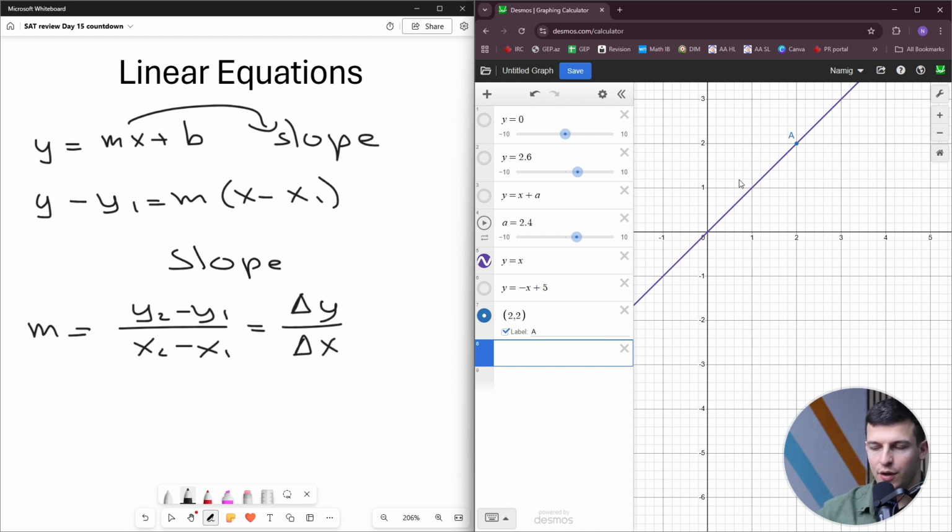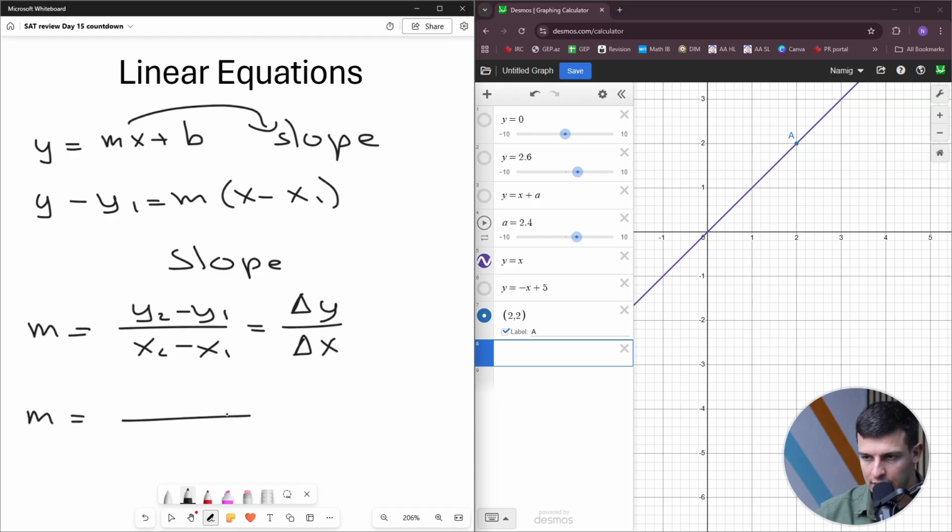I know it's 1 because we see that y is equal to x, right? But let's actually confirm that. Now, I'm going to try to apply this formula to this equation. Okay, so A is at 2, 2, which means the x coordinate is 2 and y coordinate is 2. So I can write m equal to, so y coordinate is 2 and x coordinate is 2.